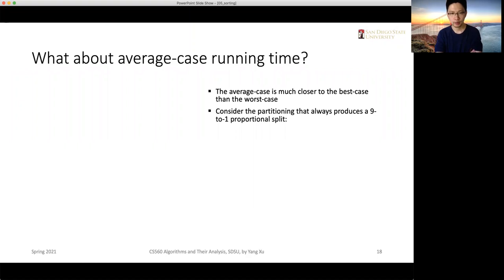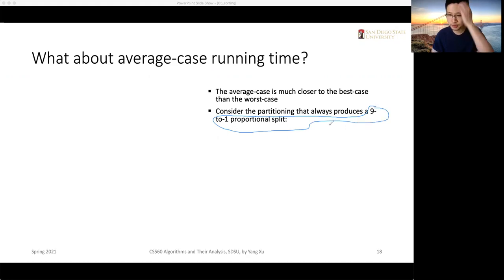So what we're going to do in this analysis and in the next slides is consider the partitioning to always produce a proportional split. For example, on this slide, we only consider the partition that produces a 9-to-1 proportional split.